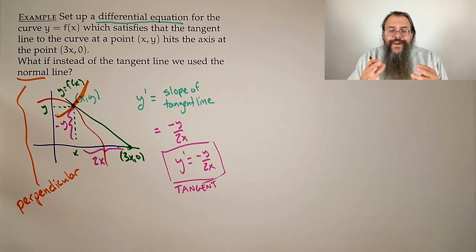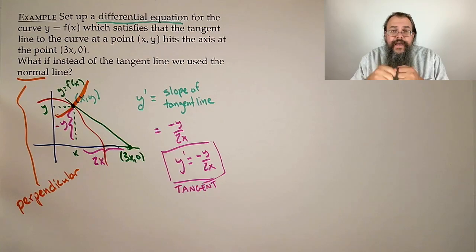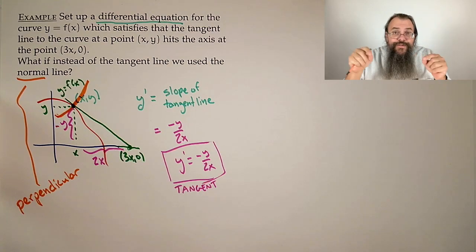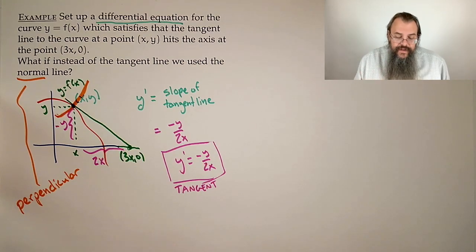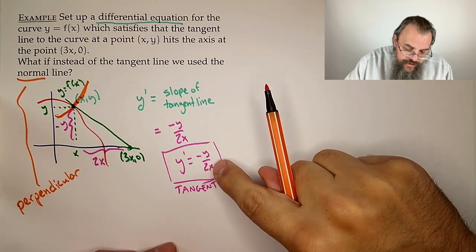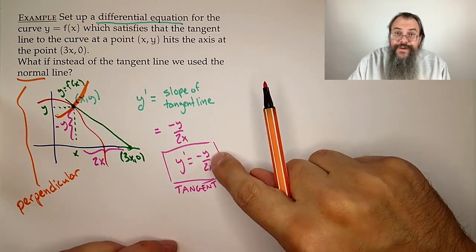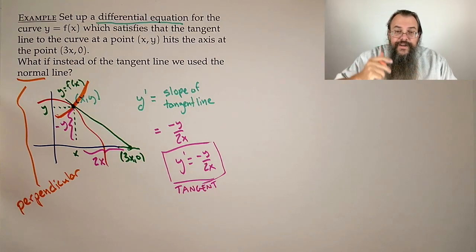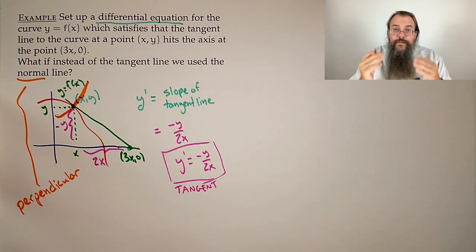So we don't need to do a lot of work. We have most of it there. Look, that says we want to have it be a negative reciprocal, right? Because two slopes are perpendicular if they're negative reciprocals of each other. So if we start with this slope, that's our slope, take the negative reciprocal, flip it over, that'll be our slope for the normal line.